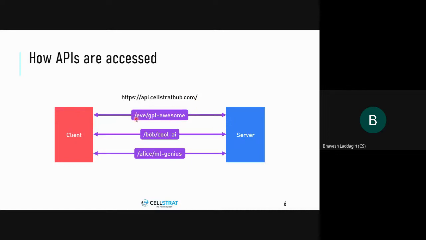So let's say there is some user called Eve, and she has deployed some model called GPT Awesome. That can be accessed by going to this URL and then slash the username and the API name. Similarly, if there's some Bob who deployed some model like Kool-Aid, he can do the same. So this is how you can access different resources on the server by using the paths after the domain.